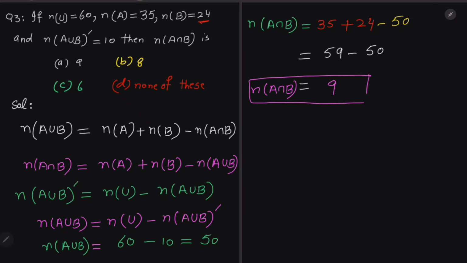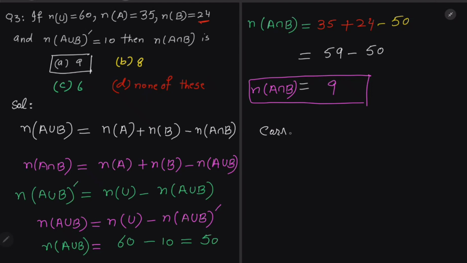That is the theory. So what is the correct answer? We have 9 over here, we have 8, we have 6, and we have none of these. And here, the correct answer is 9. We can just box it or tick it.